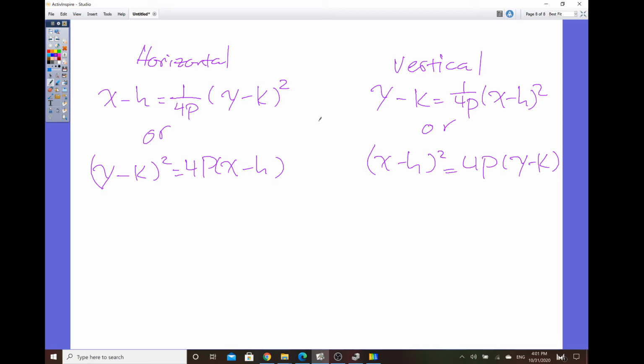Again, for the vertex here, there's no center, so the vertex for both of them is always considered h comma k. And the way to find the foci: for the horizontal parabola, that will be h plus p comma k.